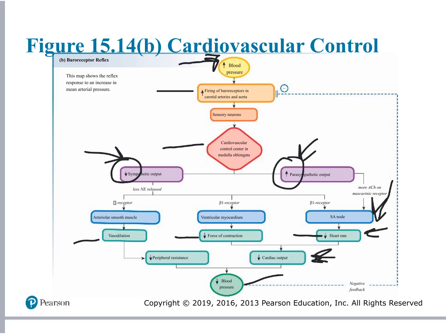Vasodilation will decrease resistance, which then will decrease your blood pressure. And this goes back to the mean arterial pressure is proportional to cardiac output times resistance. So lowering resistance lowers the mean arterial pressure.